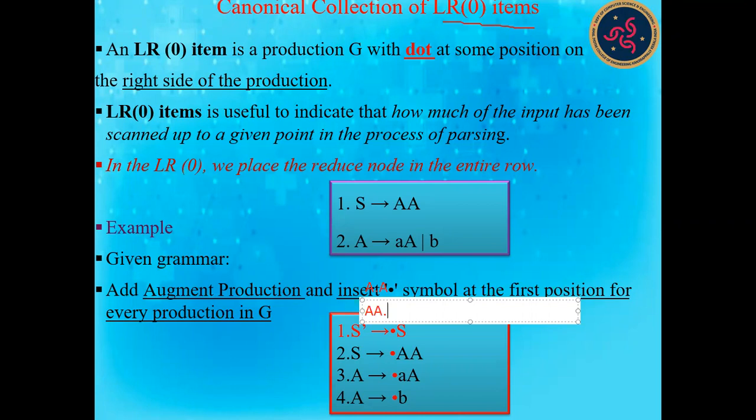If one symbol is scanned, then this dot operator will be moved forward. So we will know how many symbols have been scanned from the input.